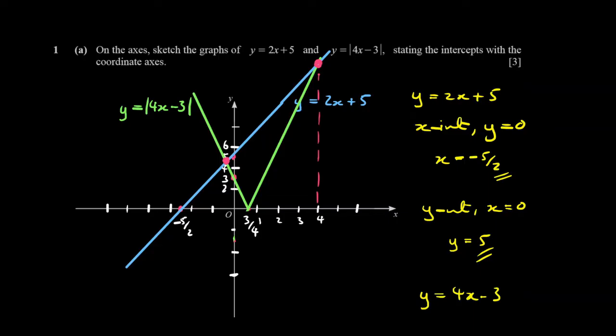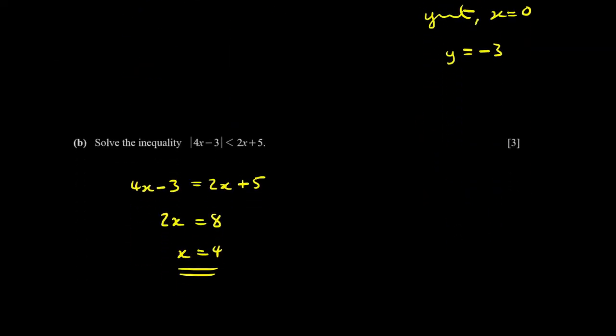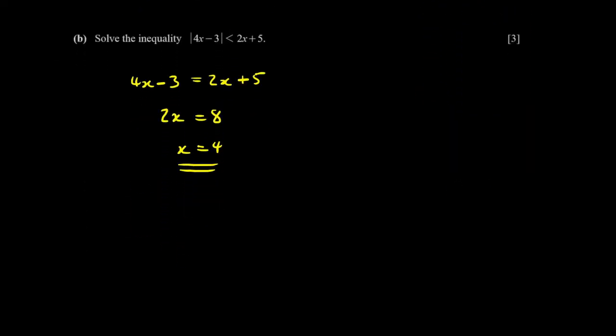Now, the way you can think about that is to say we took 4x minus 3 and we multiplied it by negative 1. So what we've got here is 4x minus 3 multiplied by negative 1 is equal to 2x plus 5. Now, if you're unsure about that, let me try to explain it to you.